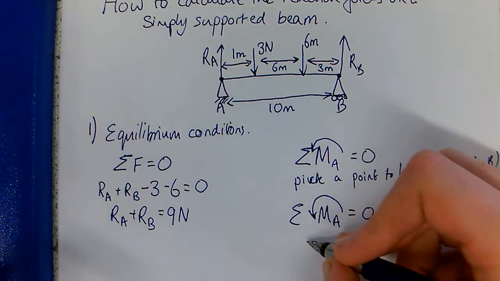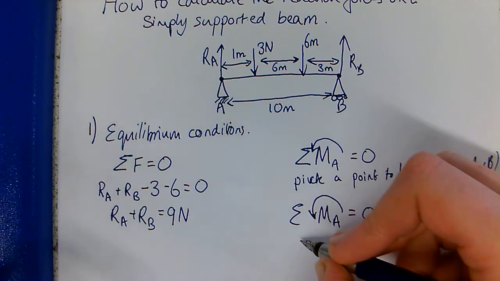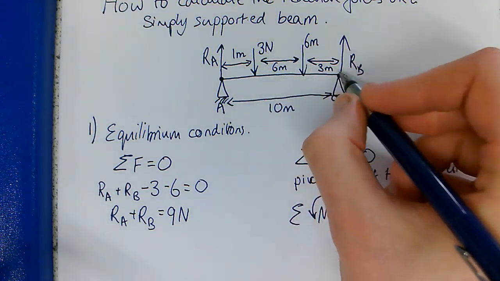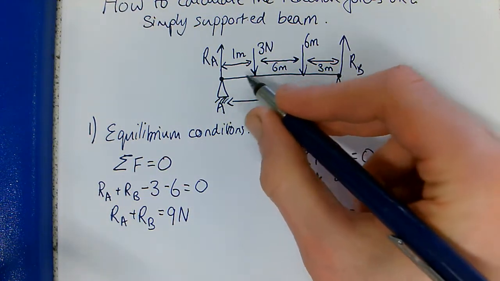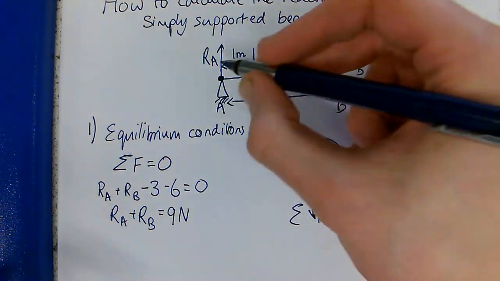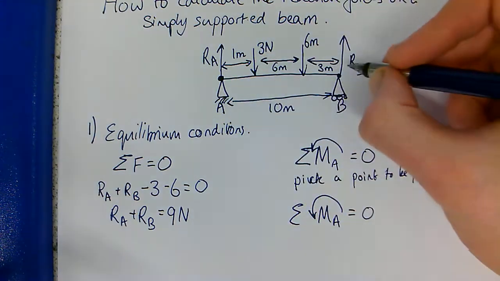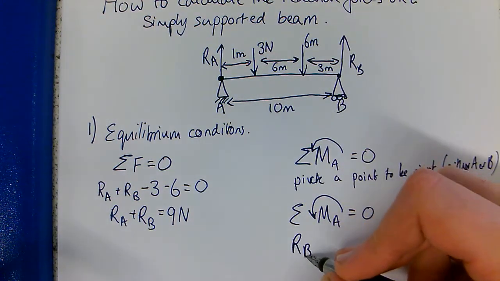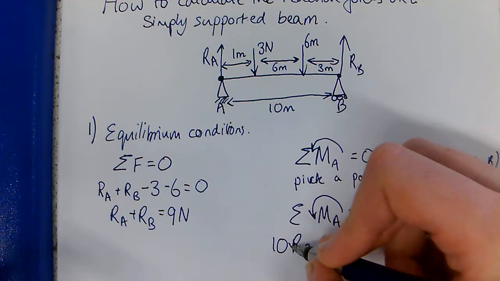The anti-clockwise moments are going to be caused by any forces that make this beam rotate upwards this way. So that is going to be the reaction at B, and that is acting at 10 meters away.